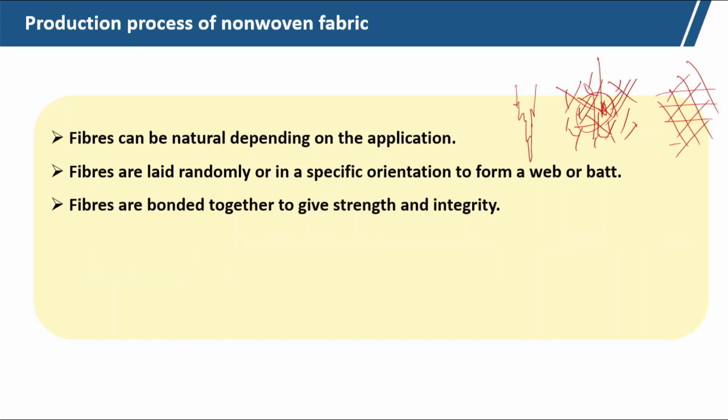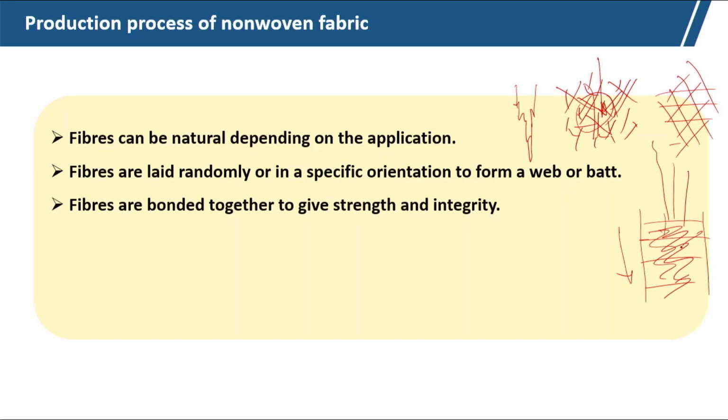And it can be a staple fiber or maybe continuous filament fiber. So, continuous filament fibers come from the spinneret directly, and are laid on a conveyor belt and form the web.